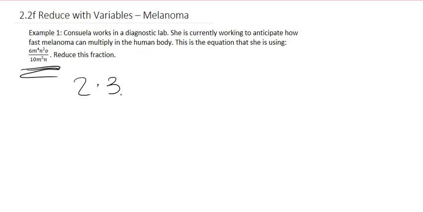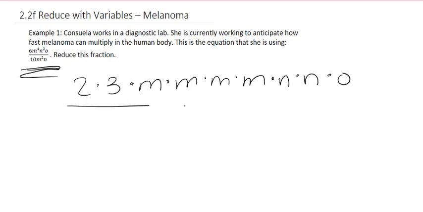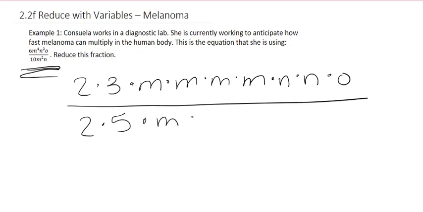Then we can write out 4 m's. And then we have 2 n's and 1 o. Now we have 10, which can be broken down into 2 and 5. We have 2 m's, we'll write them out, and 1 n.